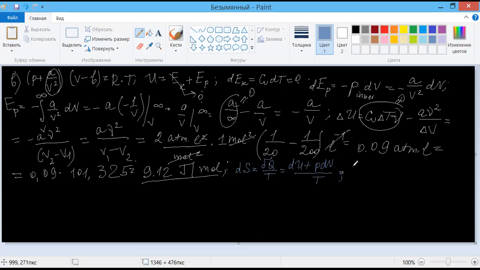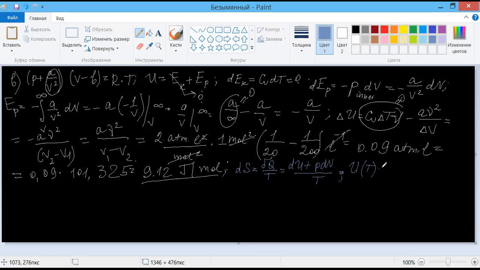But we remember that dU, not remembered, but we have previously worked out the dependence of the internal energy U on temperature for van der Waals gas.